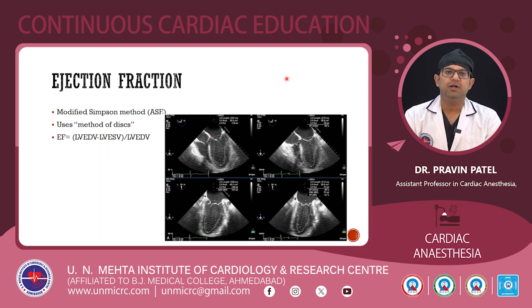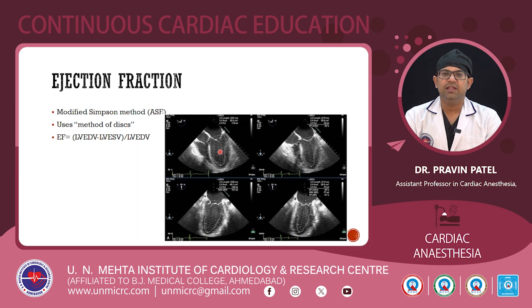Another important parameter is the ejection fraction. Nowadays we most commonly use the modified Simpson method, and it is most commonly recommended by the American Society of Echocardiography. In that we use the method of discs. Each disc here represents that particular area, so the accuracy of the measurement will be high.